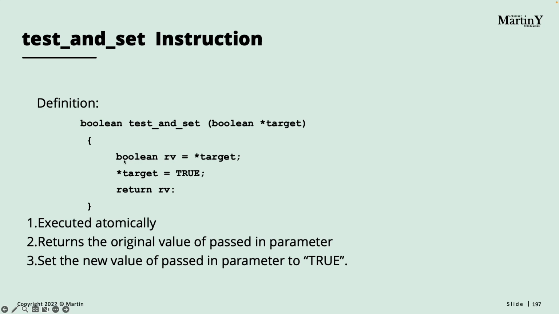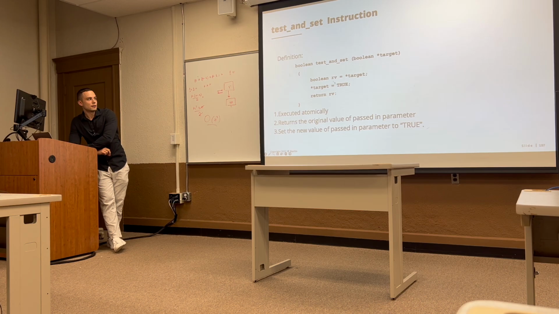First of all, they will create a temporary variable that will be equal to the value of the lock, whether the resource is locked or not. Then they are going to set the value of the lock to true, regardless of whether the previous value was true or not.